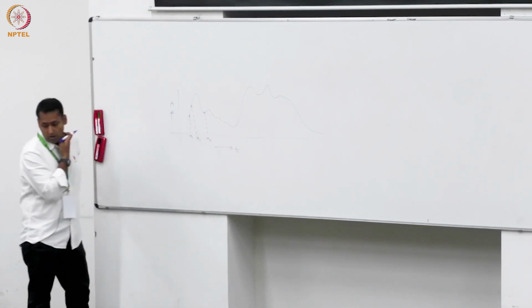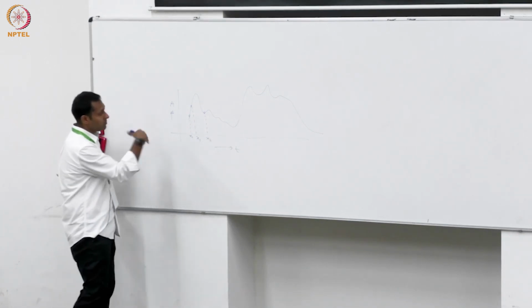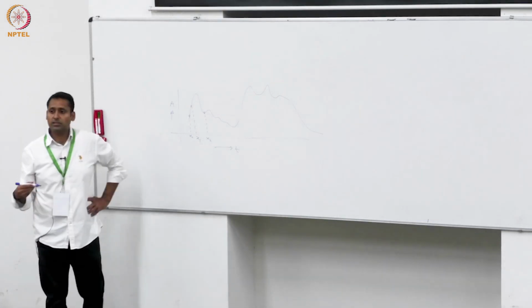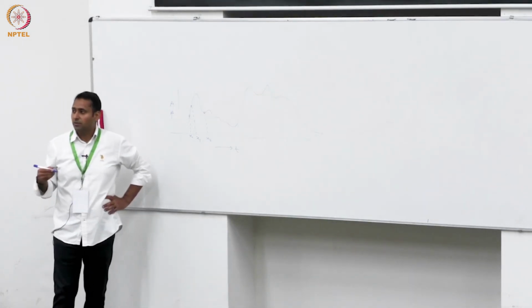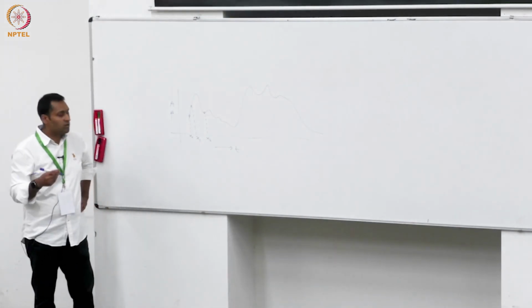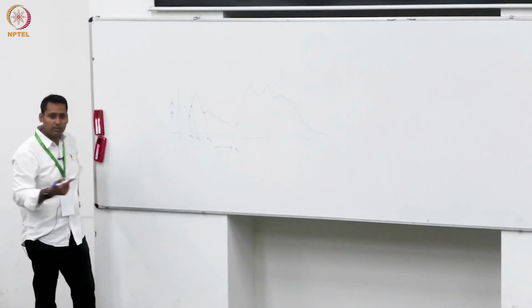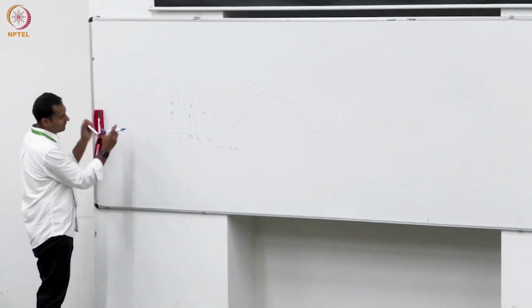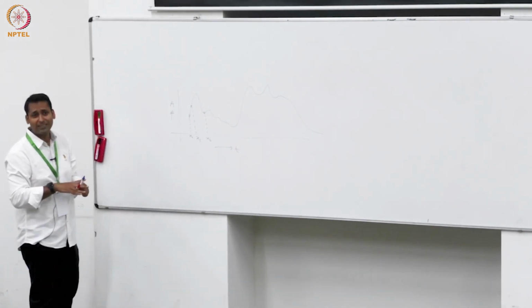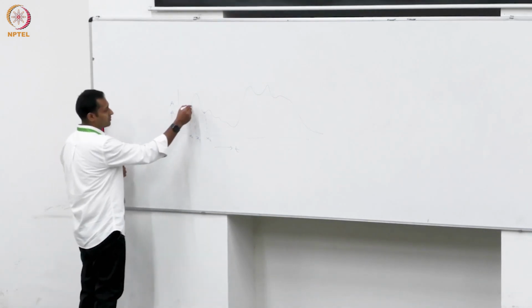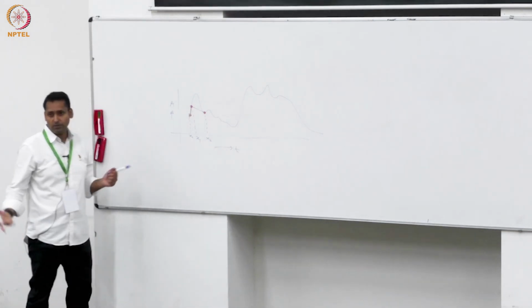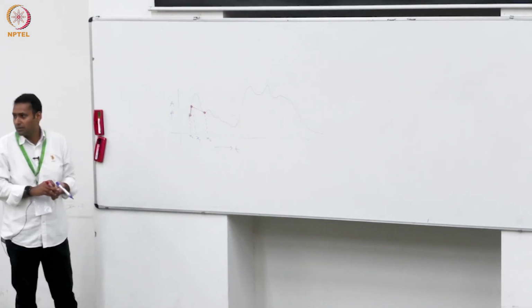x2. Now Shannon says if you do not sample it at a certain minimum rate, you're going to miss out certain details. So let's say now I have only these sample points and I need to reconstruct the signal. What is the best that you can do? You could connect them by straight lines because you don't know what has happened in between.